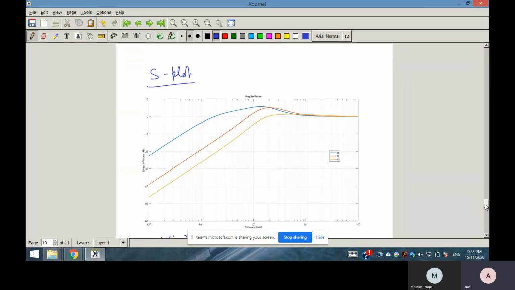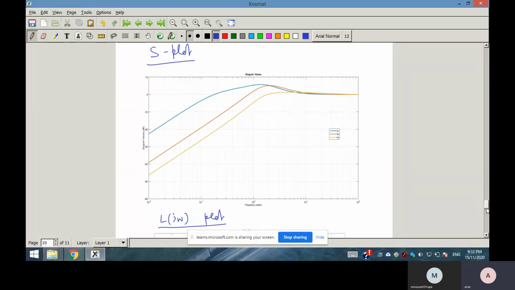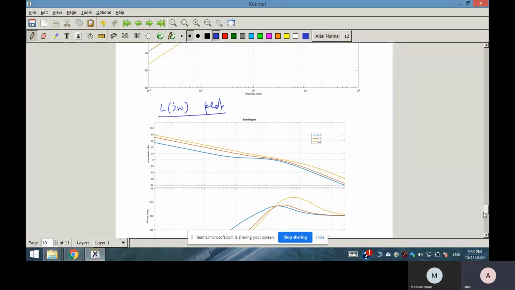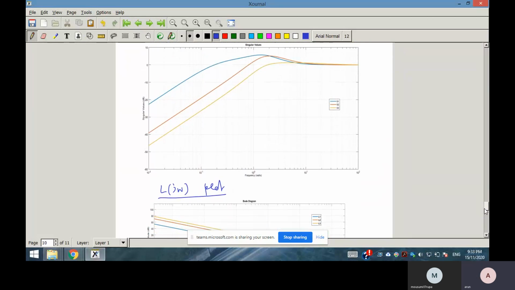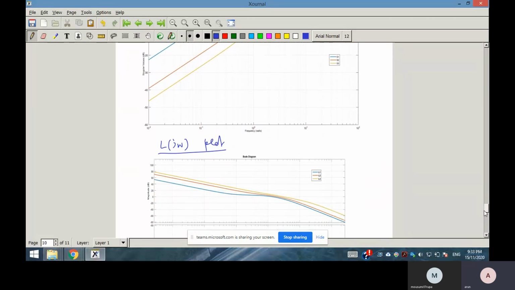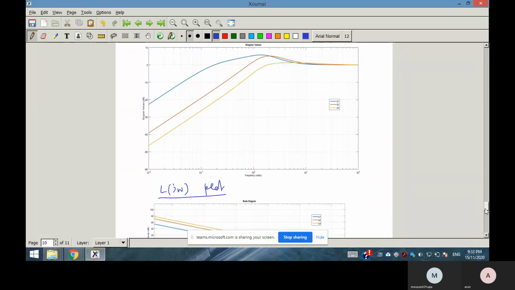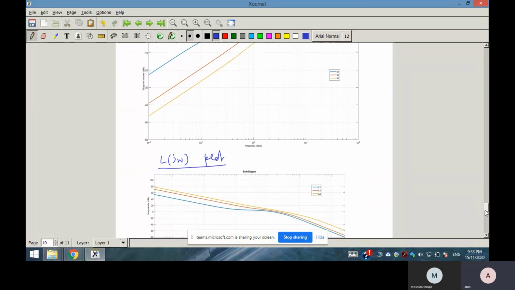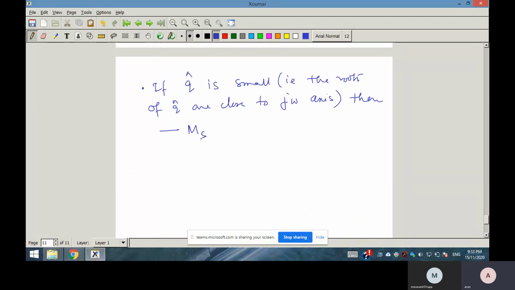If it moves away from the J omega axis, then S infinity is more, then MS is more.